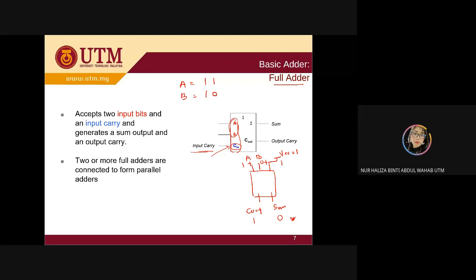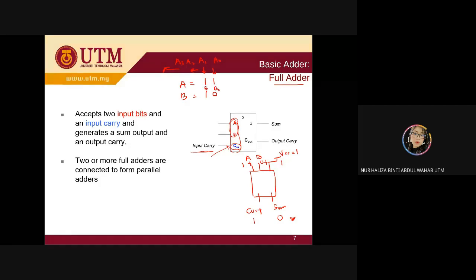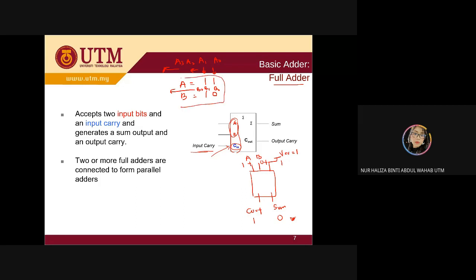So this one will be A0, this one will be A1. If you have more, it's going to be A2, A3 and so on. This is B0, this is B1, B2, B3, and so on. Okay, that is my input.